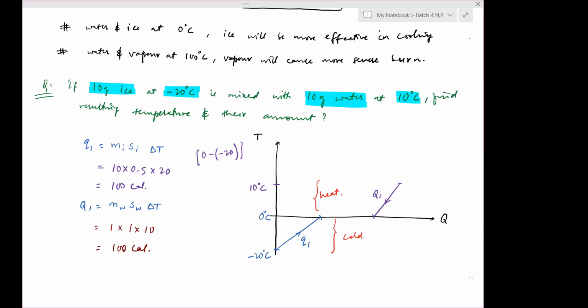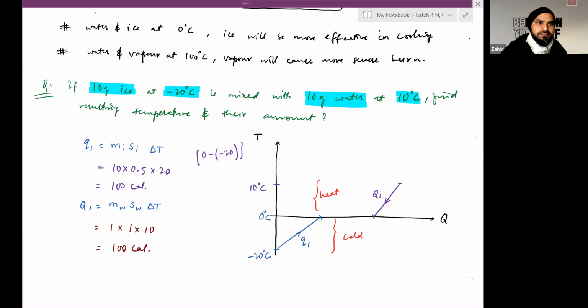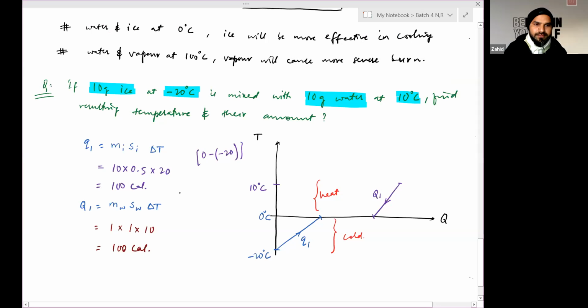So can you repeat? Since in this part, we have 100 calorie required by ice to go from minus 10, 20 degrees Celsius to 0 degrees Celsius, we may call it cold energy. The amount of heat lost by water on going from plus 10 degrees Celsius to 0 degrees Celsius is also 100 calorie, so we may call it heat energy.